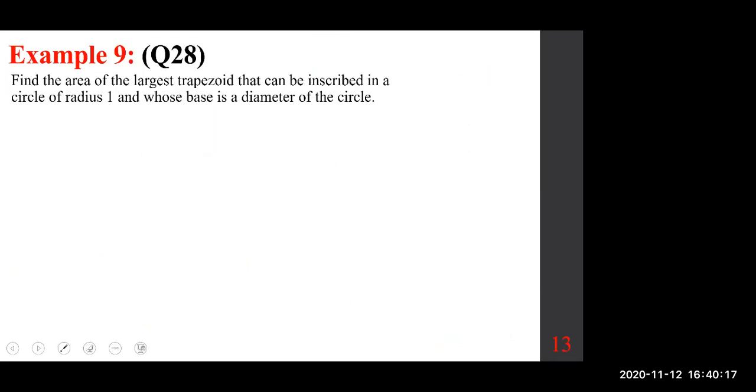All right, we want to find the area of the largest trapezoid that can be inscribed in a circle of radius 1 and whose base is the diameter of the circle. So if you go with basically the unit circle and inscribe this here, looking like this.